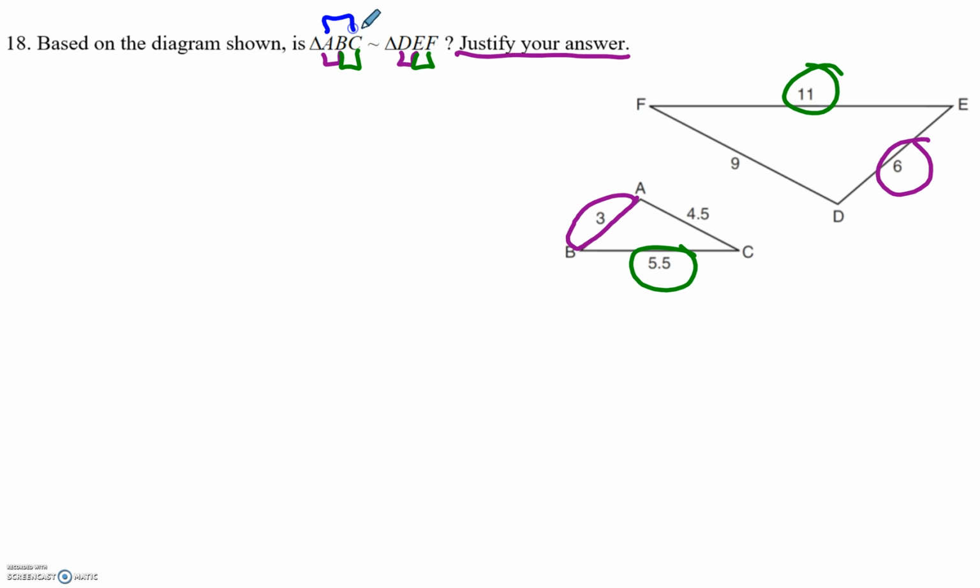And lastly, AC corresponding to DF. So you should notice that we're given 3 sides in both triangles.